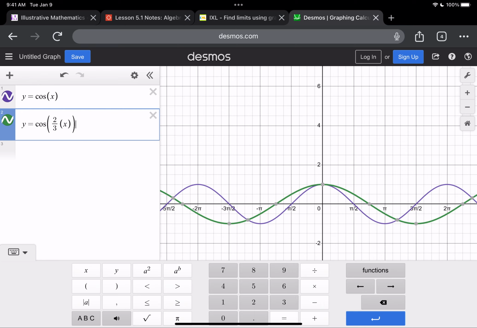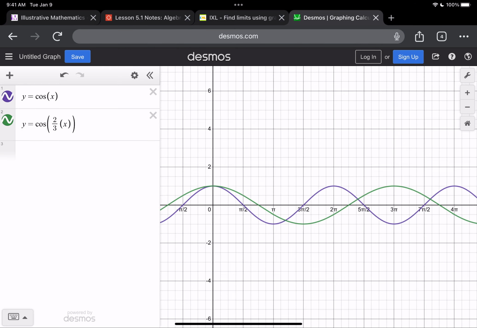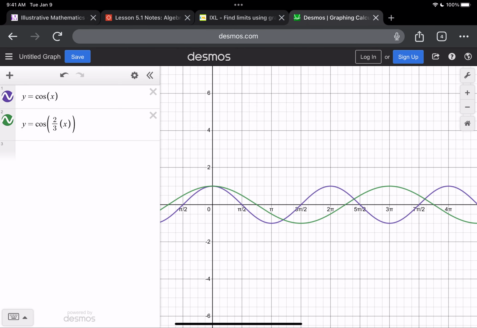The purple graph was the normal graph. The green graph looks like it was pulled a little further. If I drag this to the side, you can see the cosine graph has made one complete rotation right here, and now my period is 3 pi. So one cycle is now 3 pi instead of 2 pi. And that's what we found earlier.